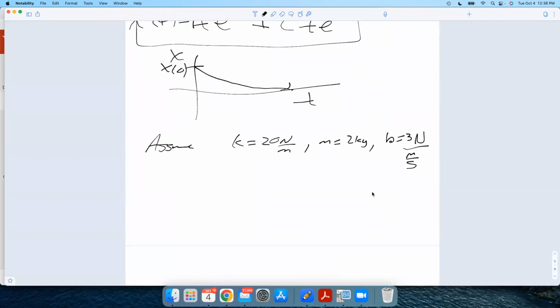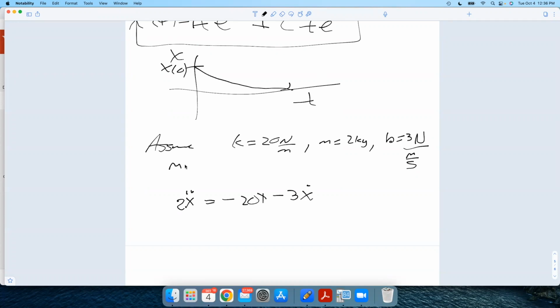Doesn't matter. Okay, let's plug everything in. I mean, I kind of have the solution up there. I could just plug in there, or I could just work this from the beginning. So we're going to have 2x double dot equals negative 20x minus 3x dot.